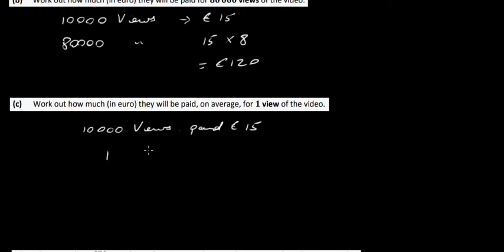So one view then is just 15 euros divided by 10,000, which is 0.0015 euros. So we have 4 zeros here, so we just bring the decimal point back 4 places, 1, 2, 3, 4, and we get 0.0015 euros. So for one view they'll be paid 0.0015 euros.